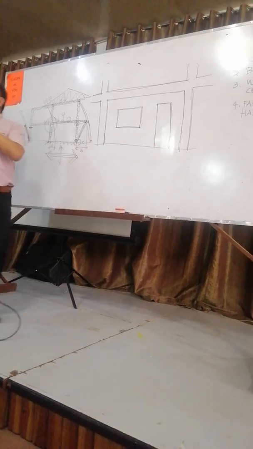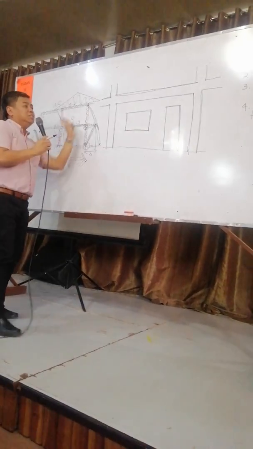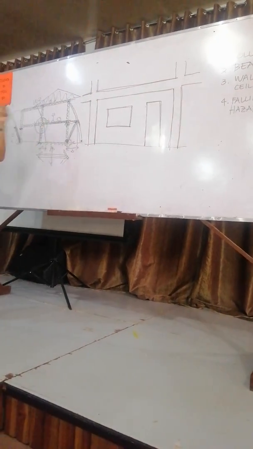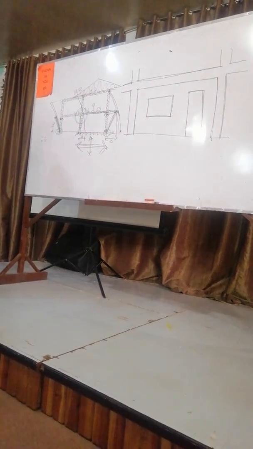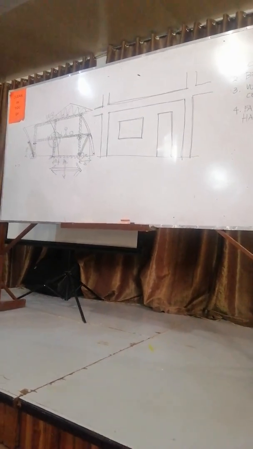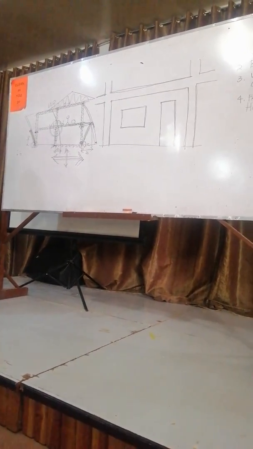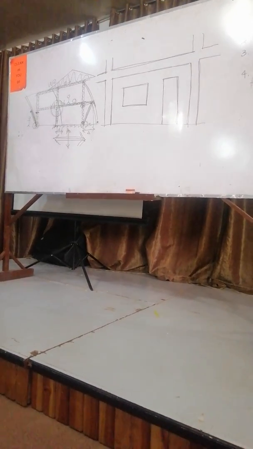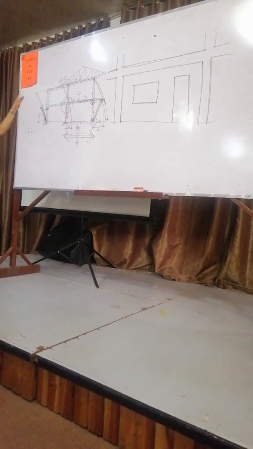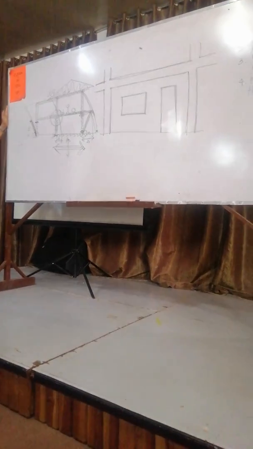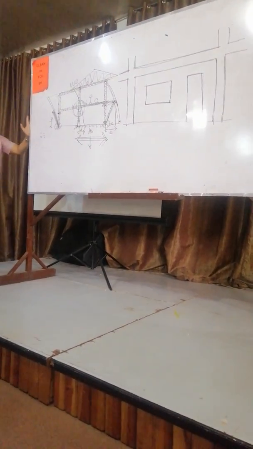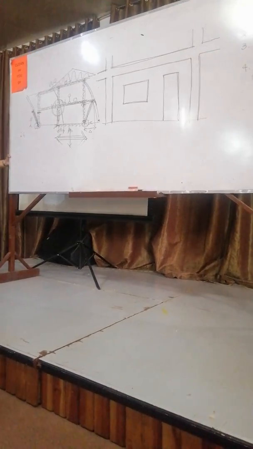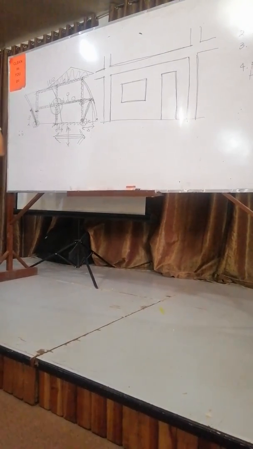So when there is a shaking, you imagine now the shaking back and forth. So the walls are what we call rigid elements along its plane. When we say rigid elements along its plane, you imagine this whiteboard. If I push this whiteboard back and forth, it will not deform.